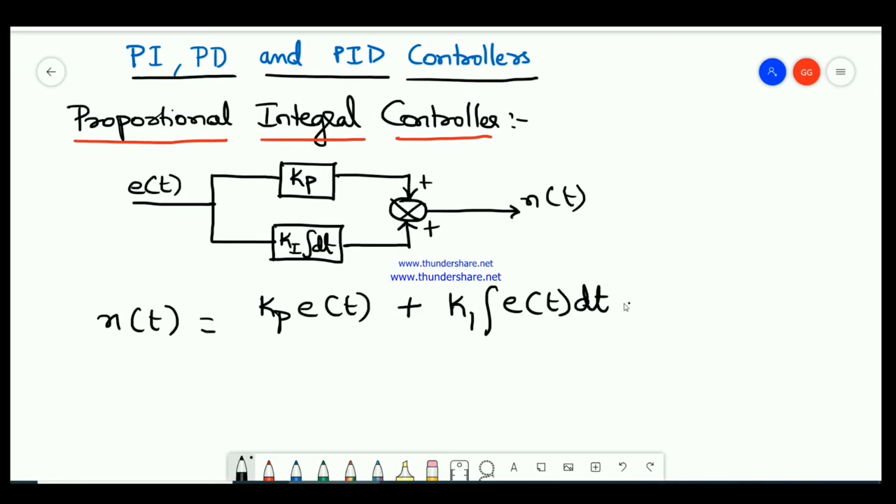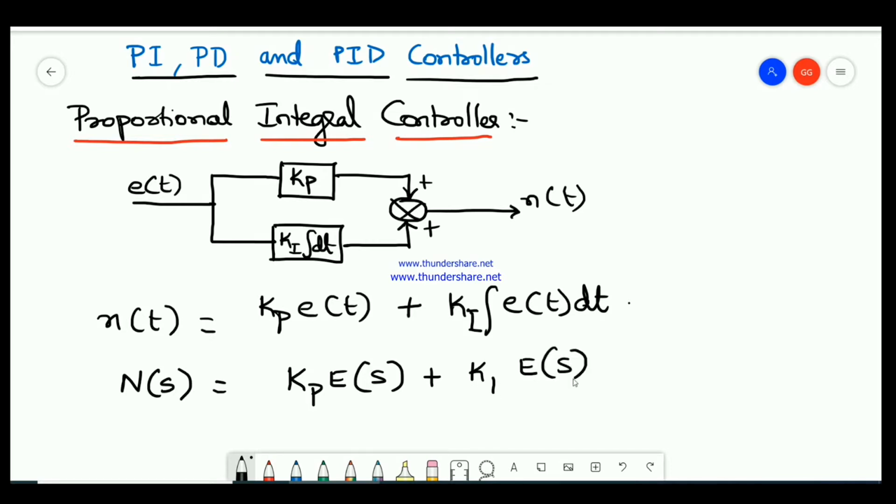Therefore you take the Laplace of this equation, which is n of s equals Kp into E of s added with Ki into E of s by s, because of the integral we divide it by s.